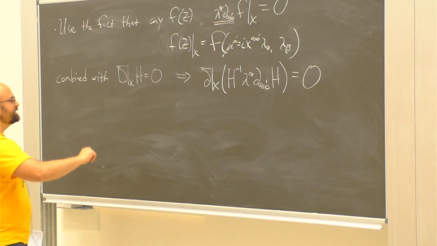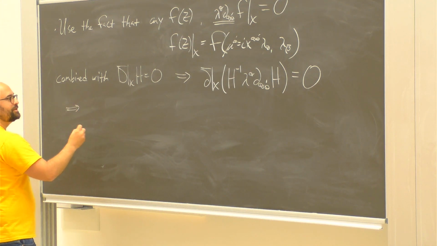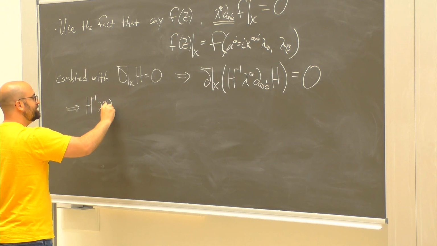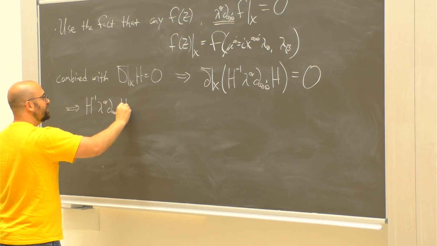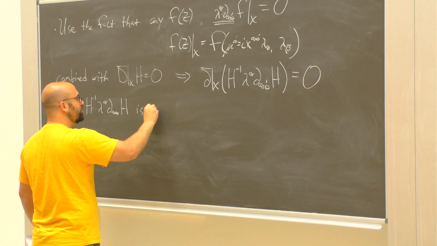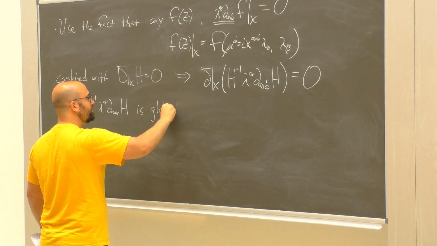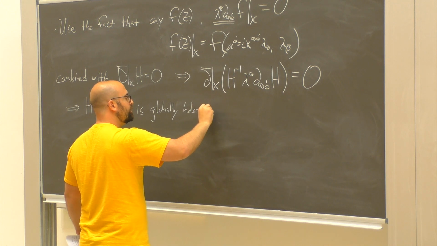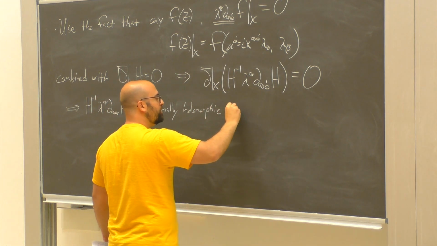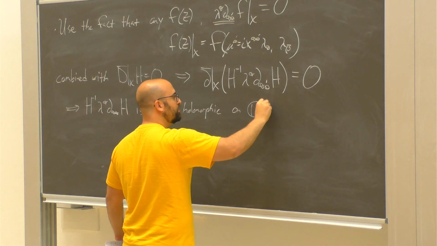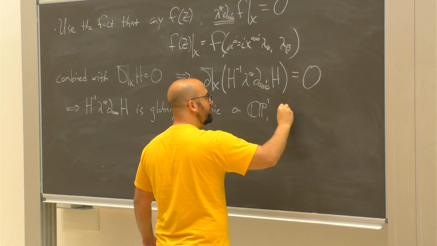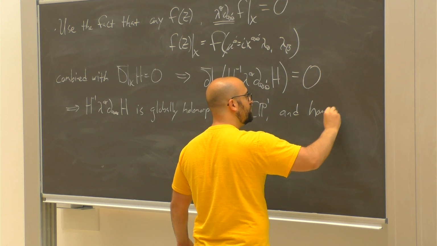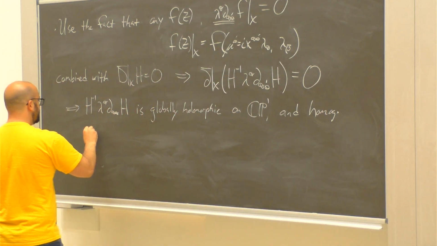But what does this mean? This is telling us that this quantity, H inverse lambda alpha d alpha alpha dot H, is globally holomorphic on the Riemann sphere and homogeneous of weight plus 1.